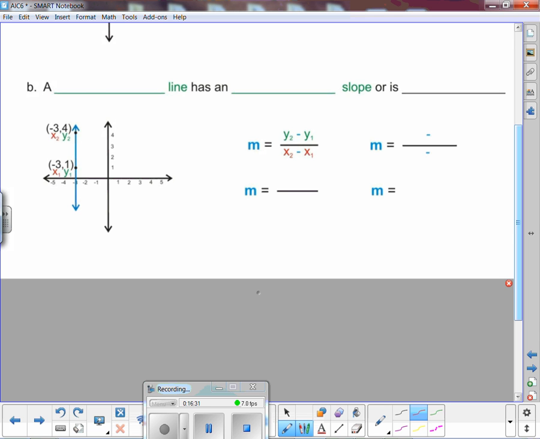Second one. Let's deal with a vertical line. So before we fill in the blanks, let's go ahead and run the math again. I chose 2 points, right? You see your 2 points there? So there's the slope formula. y sub 2 is a 4, and y sub 1 is a 1. On the bottom, the horizontal change, x sub 2 is a negative 3, and x sub 1 is a negative 3.